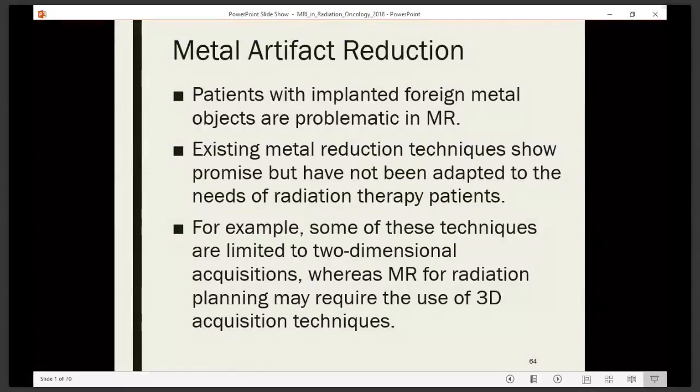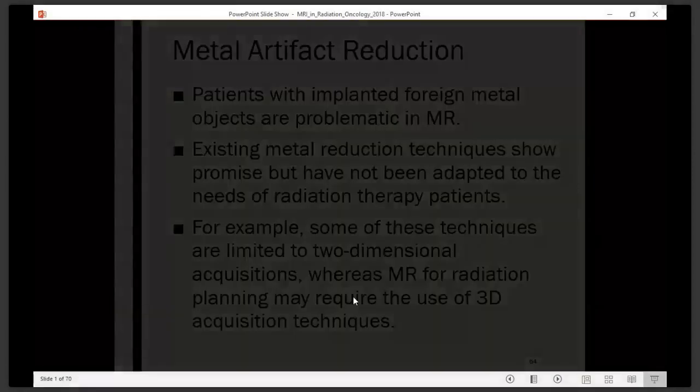This is done with what we call metal reduction techniques. Some of the techniques are limited to two-dimensional acquisition, so they aren't completely useful for 3D acquisition methods, but there's no reason these algorithms can't be extended.